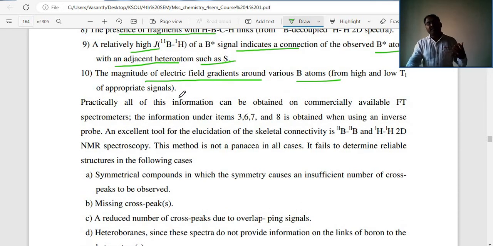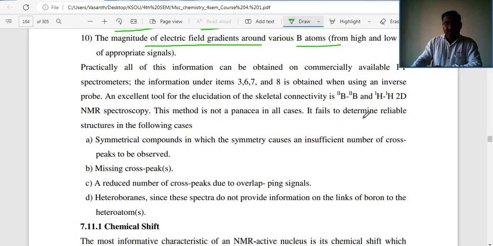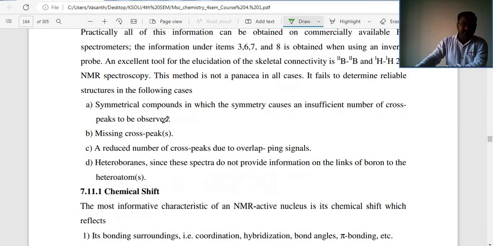These are all some important characteristics of the boron NMR spectrum. Why is this NMR spectroscopy not applicable for all cases?